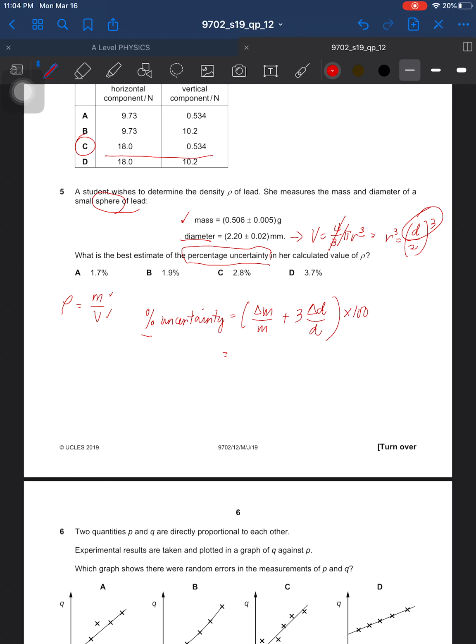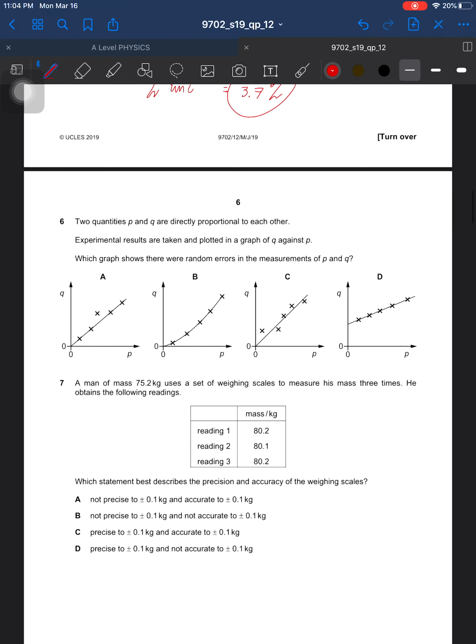That would be 0.005 over 0.506 plus 3 times 0.02 over 2.20, multiplied by 100, and you get the percent uncertainty as 3.7%, which is choice D. Then let's go to question number 6.